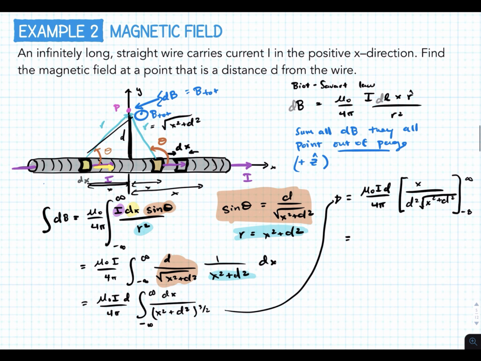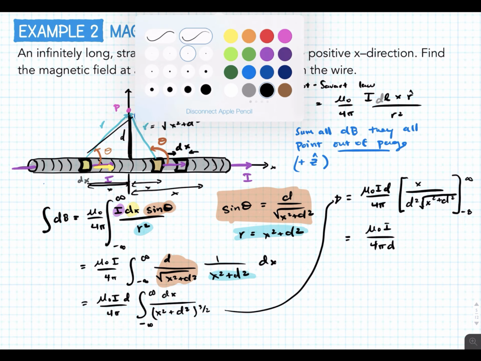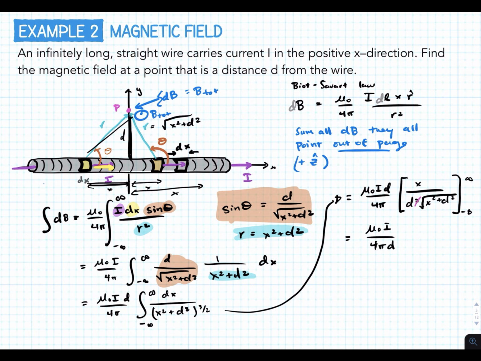And that's going to give us mu naught I over 4 pi d, because you can see this is going to cancel, and then this is infinity over infinity minus negative infinity over infinity. So this whole thing is going to give you 2.